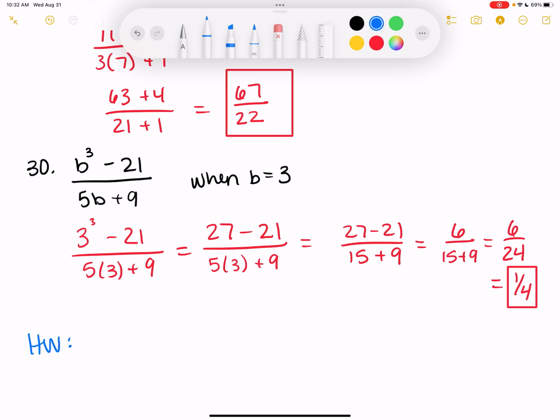They're not due till Friday, but you do still have a little bit of time. Let's do 5, 9, 11, 15, 23, 25, and 29.